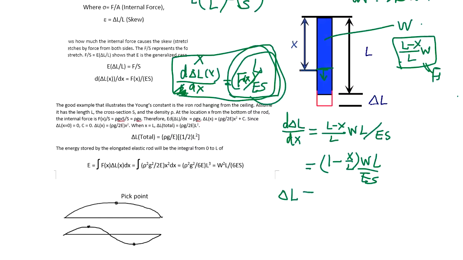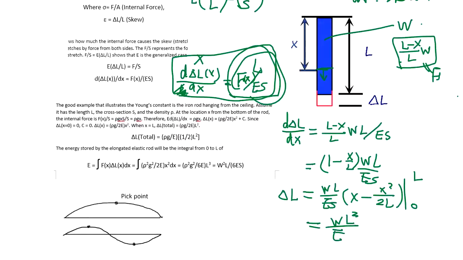Delta L is going to be W over Es times (X minus X squared over 2L), from 0 to L. So if you plug in L, it's going to be W L over 2Es.